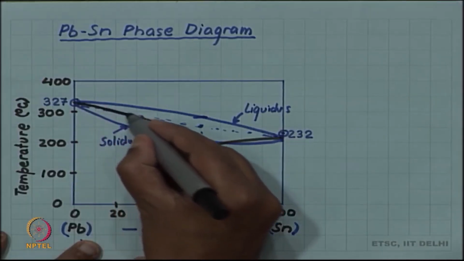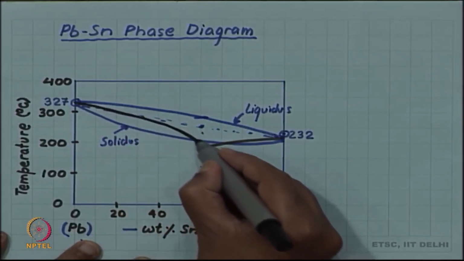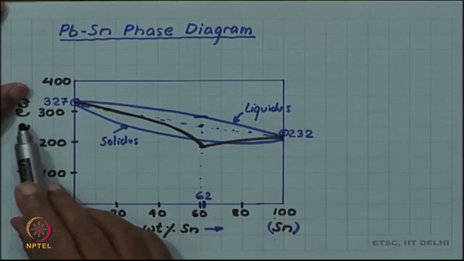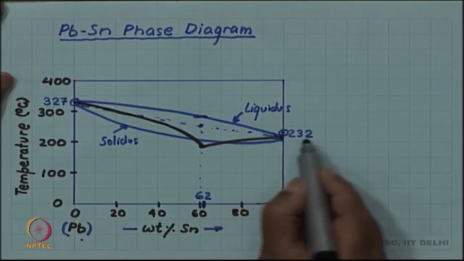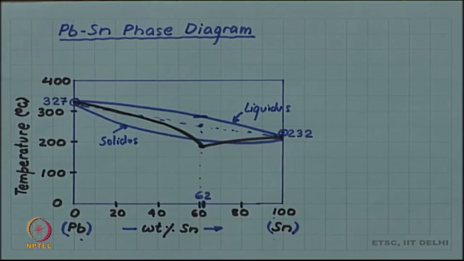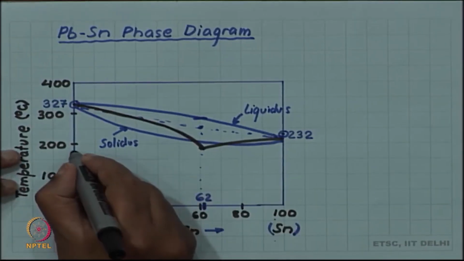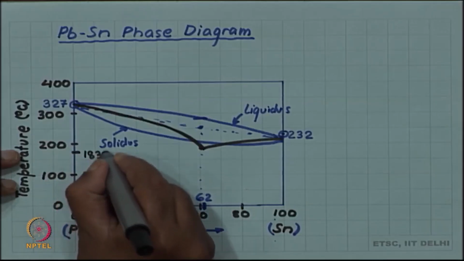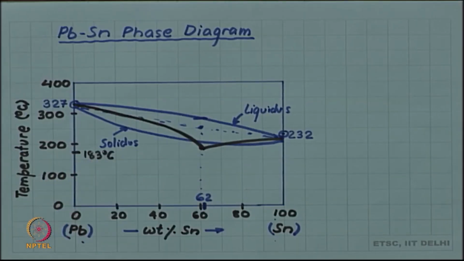So, liquidus is not a continuous line, it comes in two parts, one is starting from the melting point of lead and one is starting from the melting point of tin, and both converging to a minimum point, which is 183 degrees Celsius.